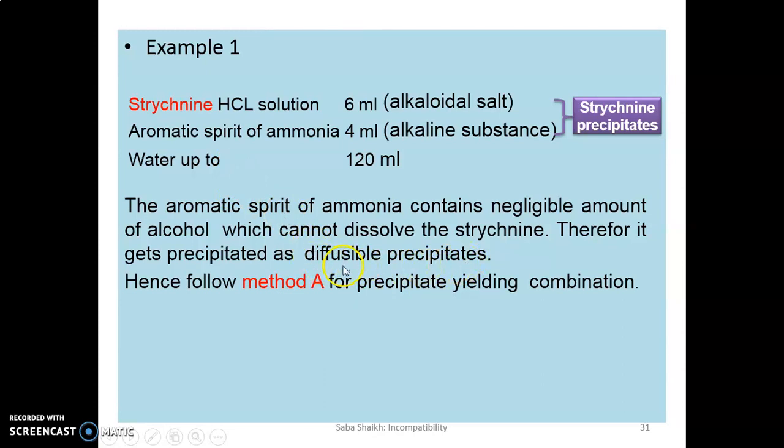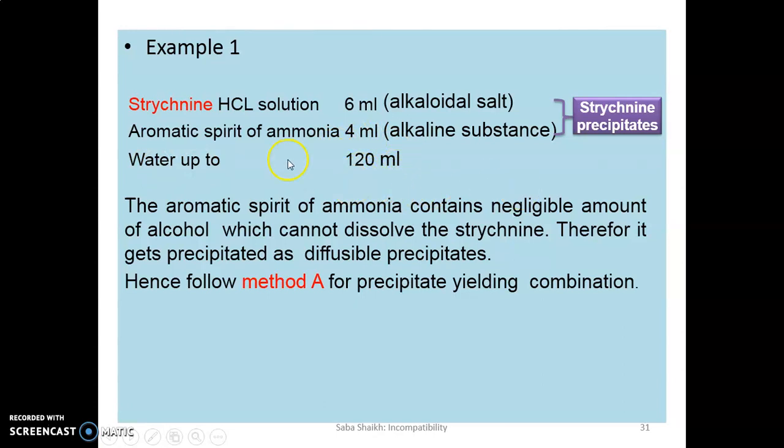And therefore, we all know that there are two methods. So here, the precipitate is diffusible type. We are going to follow method A for precipitate yielding combinations. So what is method A? For your simplification, I can tell you again that method A means we have to divide the vehicle in two parts. In this example, we have to divide this vehicle into 60 ml and 60 ml in two beakers.